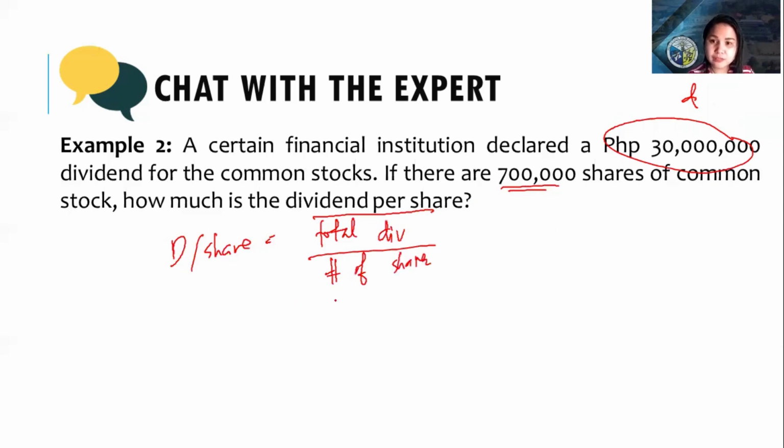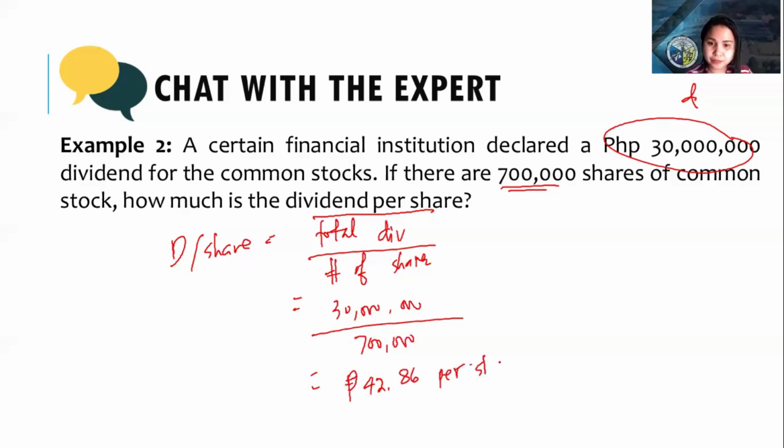So if you have a total dividend of 30 million, you divide it by 700,000 shares. That will amount to 42.86 per share. Now, ma'am, how much will I receive?